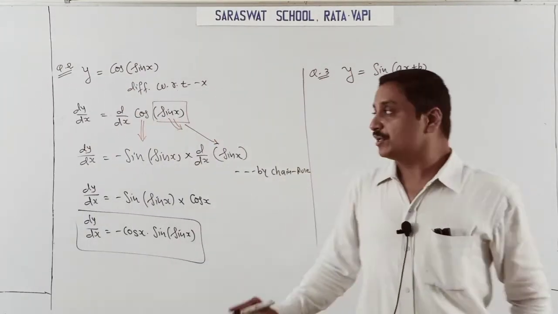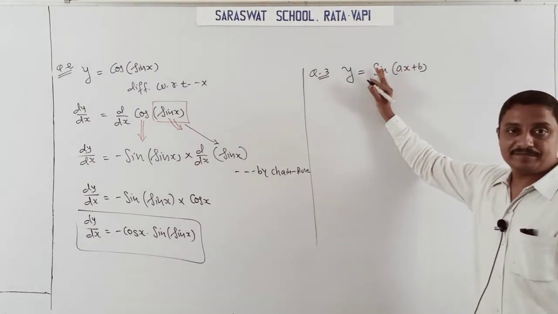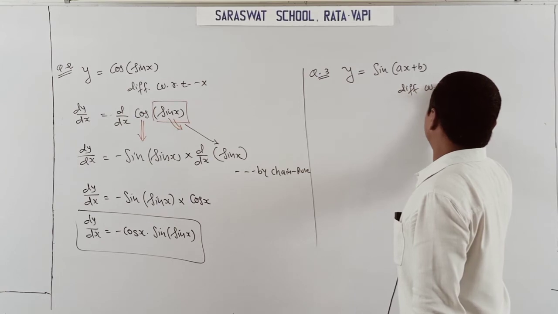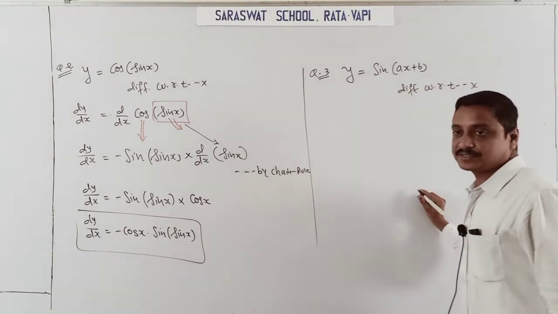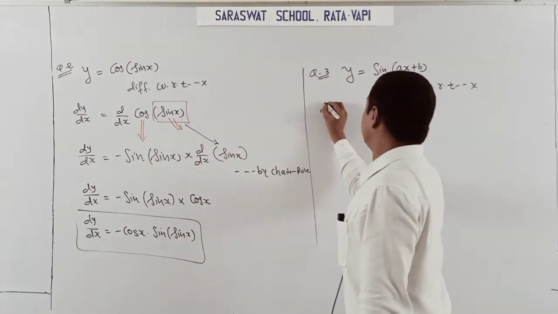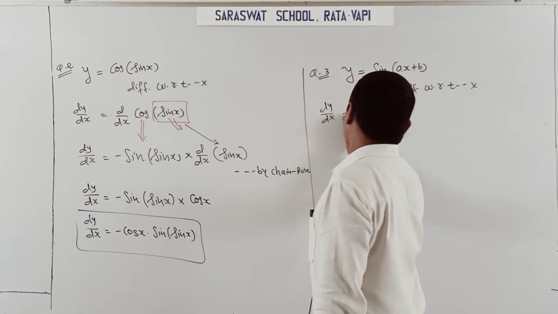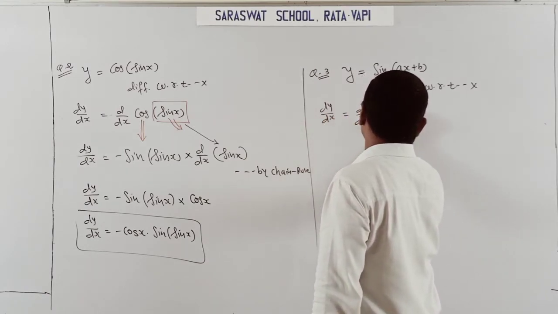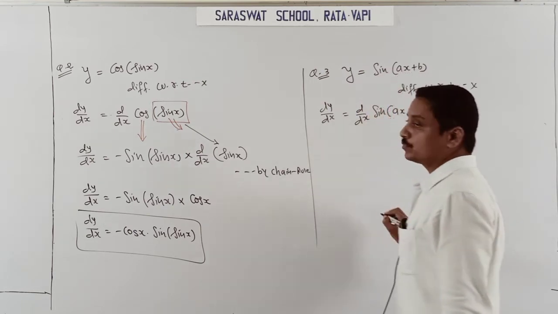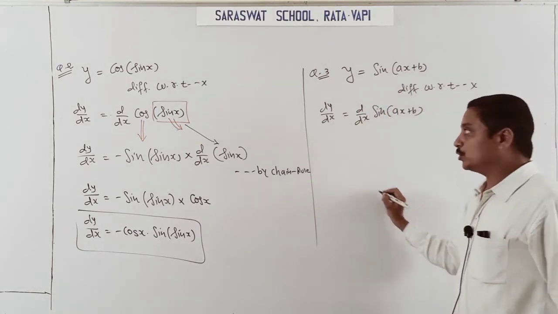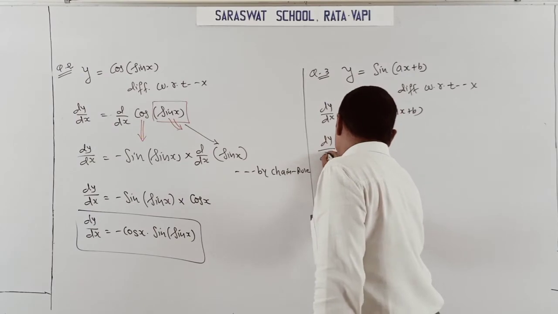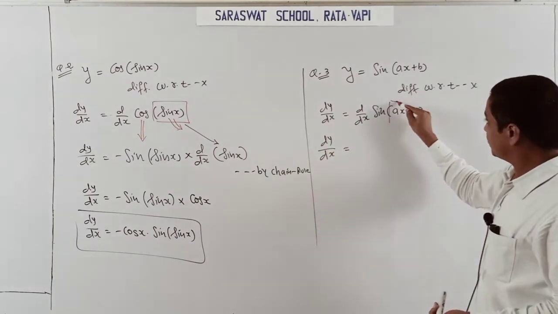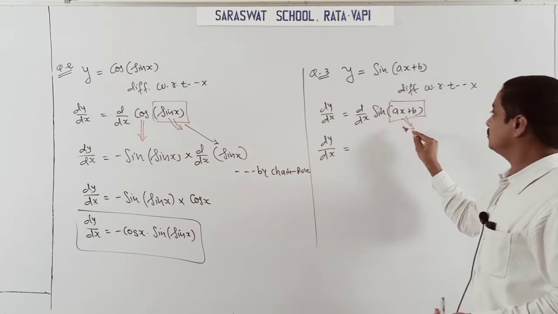Here also the chain rule is given, ax plus b with sin. So differentiation with respect to x. So dy by dx, the same applying, d by dx of sin with ax plus b. Students, here just focus on that ax plus b is a separate function.